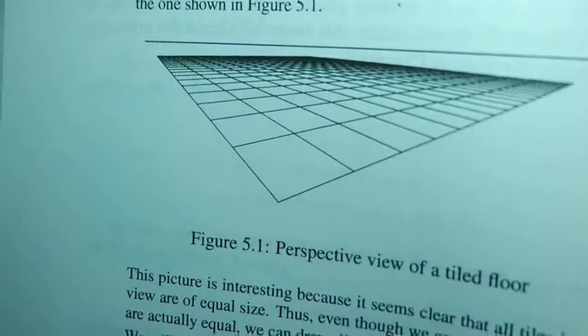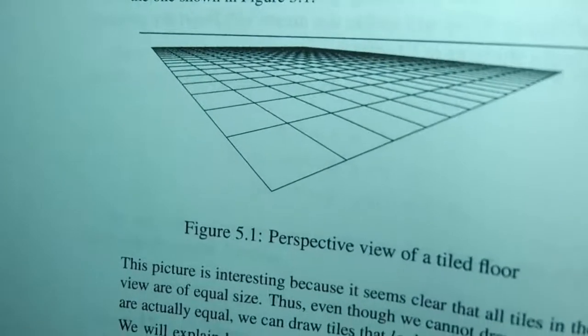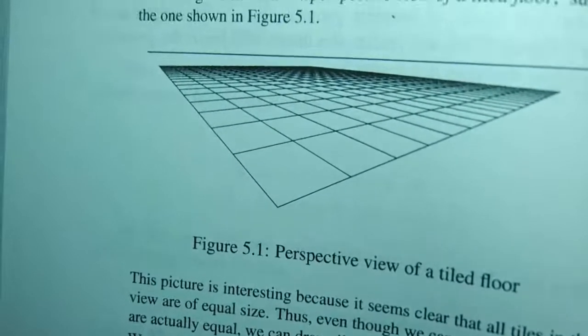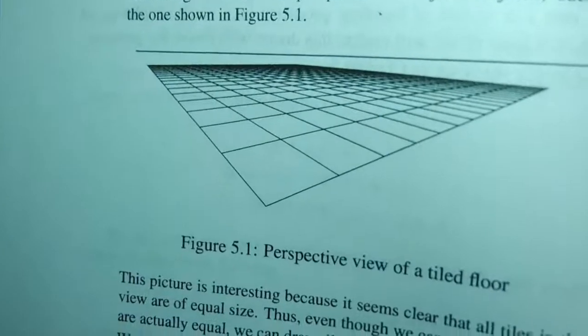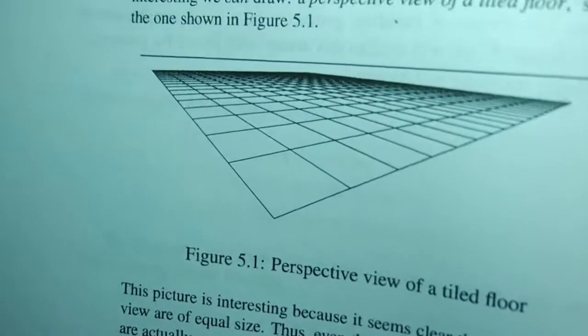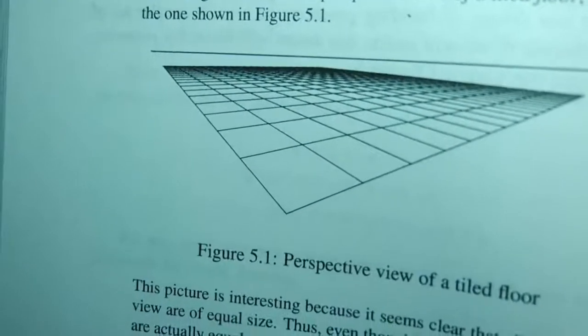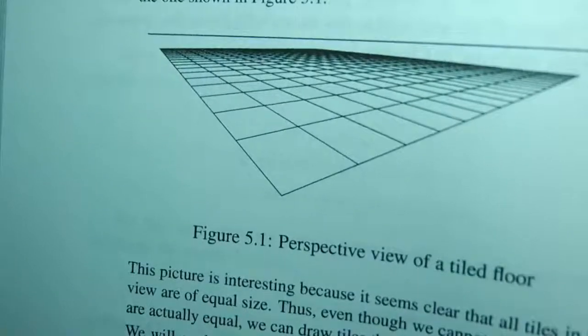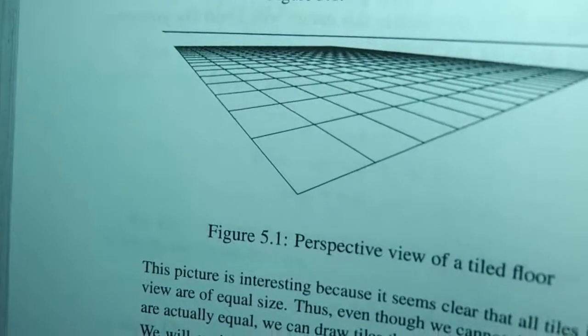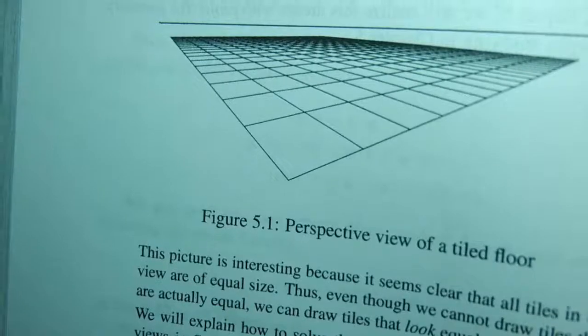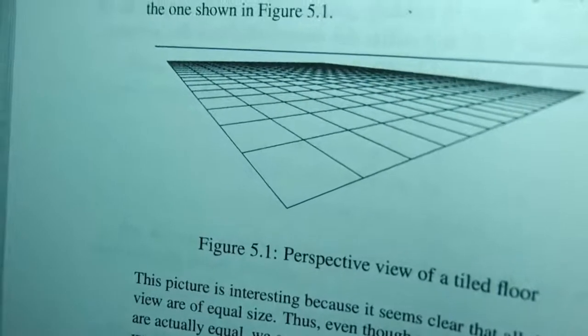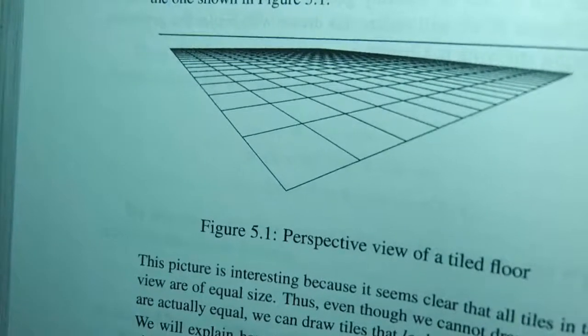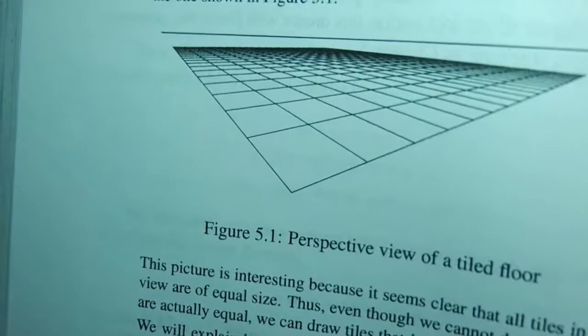What does this thing look like? When you glance at this, what's your first feeling? You have an intuition. Your intuition tells you this is clearly a depiction of a floor with tiles, and all of the tiles are the same size. But isn't that really strange?